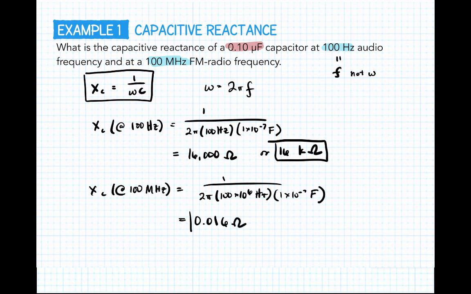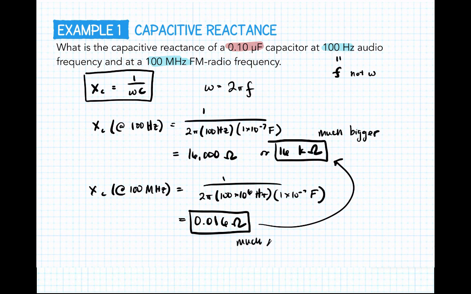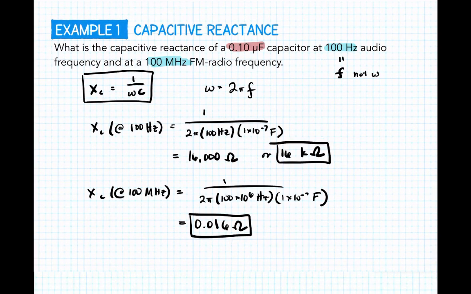And this should give you, I think, 0.016. So you can see the same capacitor is very frequency dependent. If we have a large frequency, you get a very low resistance. If you have a small frequency, you get a really high resistance. We go from 16 kiloohms to 16 milliohms. Very different.